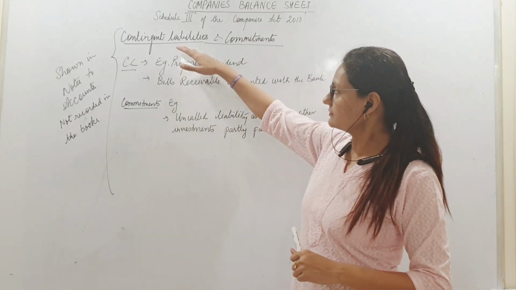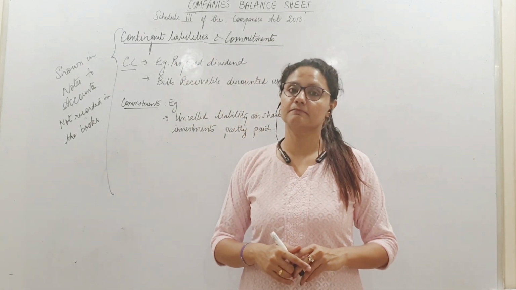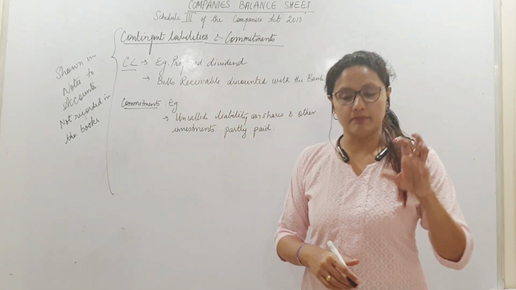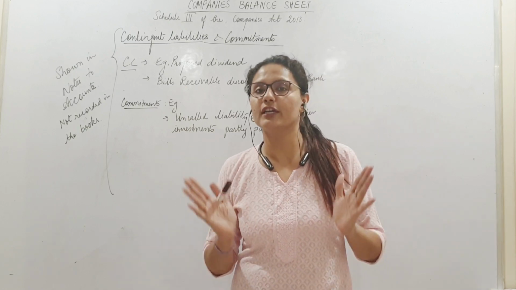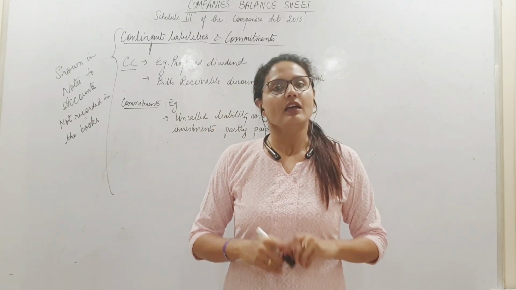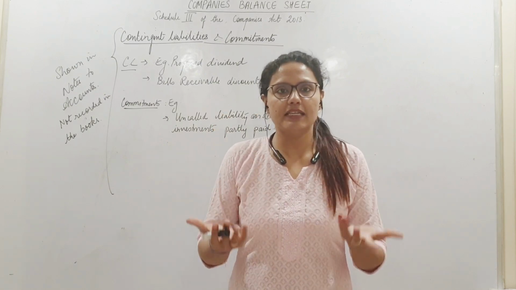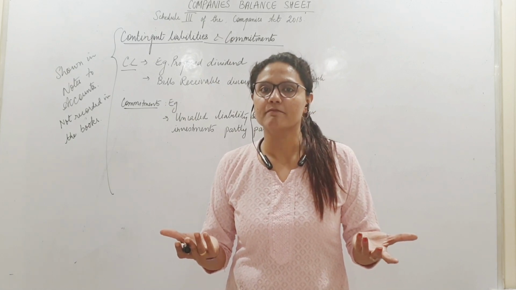So, here, one example of a contingent liability is proposed dividend. Proposed dividend meaning the company has proposed to the shareholders that, okay, we are going to give you so much dividend, meaning returns on your investment. Now, a company is promising. So why is it not an actual liability?